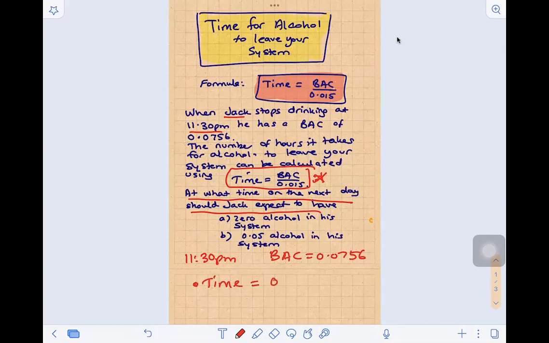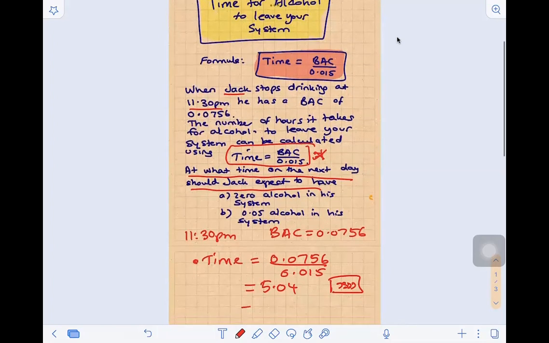Okay, so he currently has 0.0756. If we divide that by 0.015, so let's work that out, 0.0756 divided by 0.015, you end up with 5.04. Now, if you press that little button there, that will put it into hours and minutes.